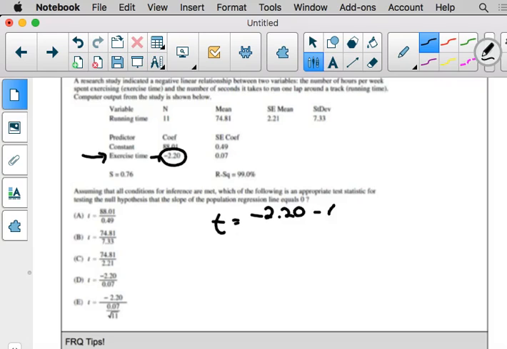Aren't they saying minus 0? We don't even have to worry about the minus 0 part because it doesn't do anything. Over the standard error of the slope. If you just keep going, it's right there. Giving us an answer of D.